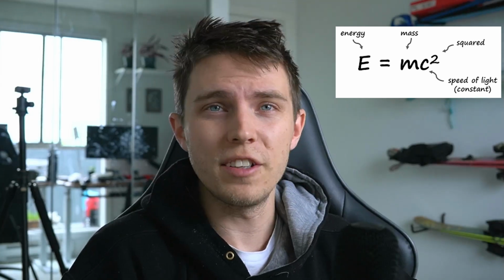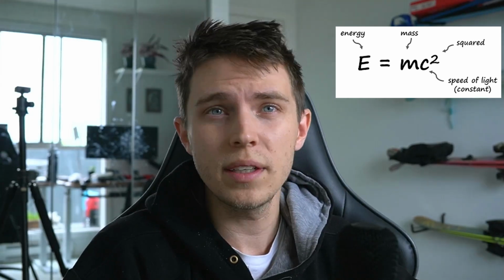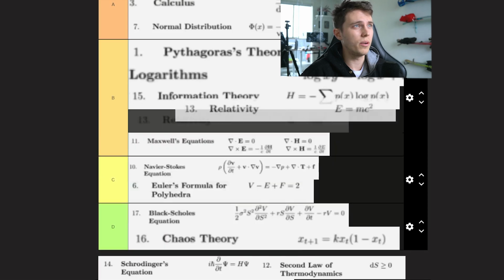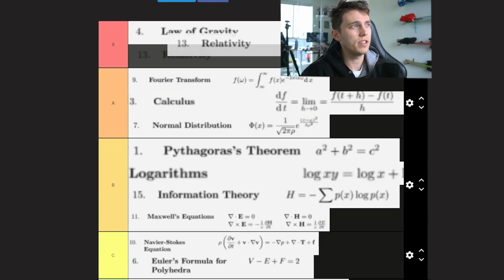Relativity, this is another big one. This is Einstein's E equals mc squared, and what this has done is really described how space and time are more one thing, space-time, and how gravity isn't really a force. It's actually more of a curvature in space-time. I think this one's goated. It's used so much.